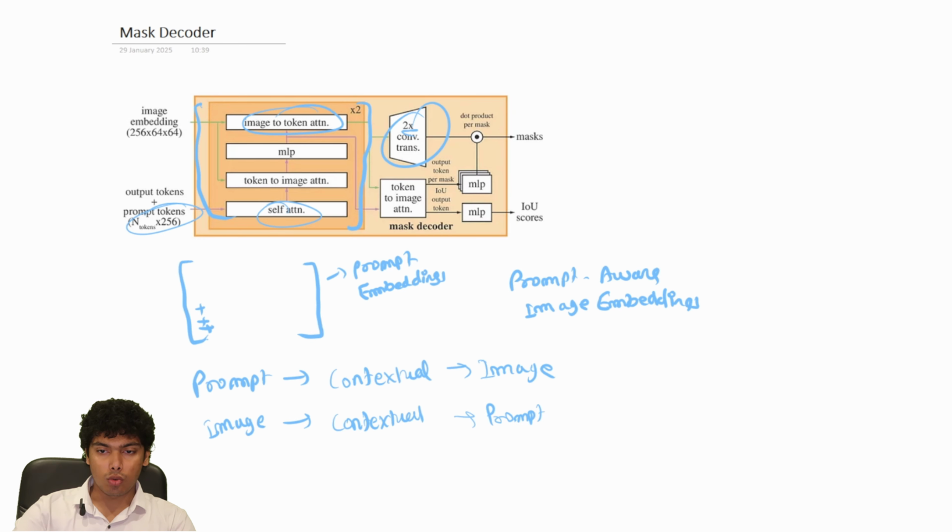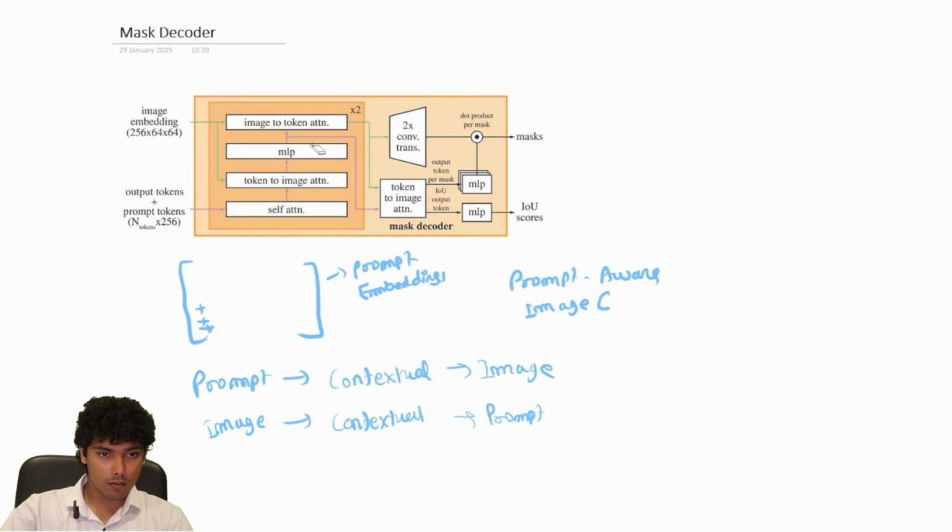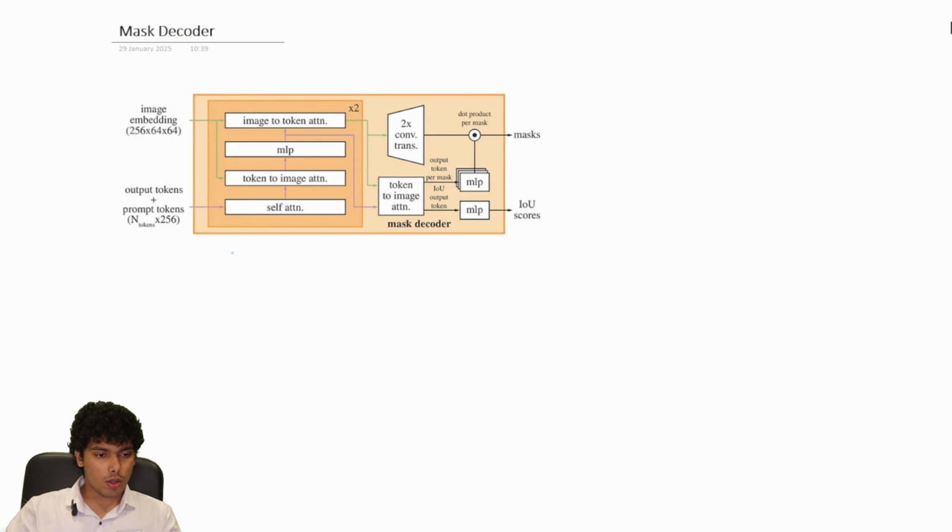Which goes through convolutional translation twice. What this does is it upsamples the image embeddings.